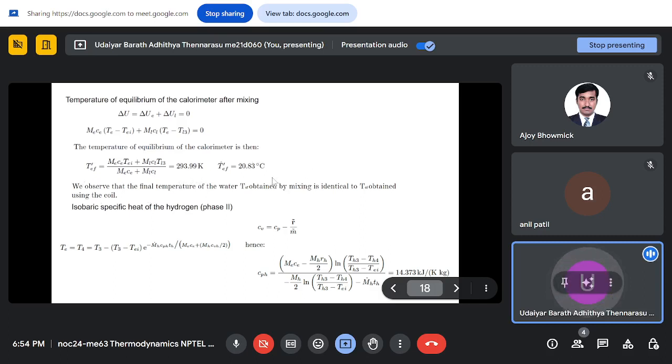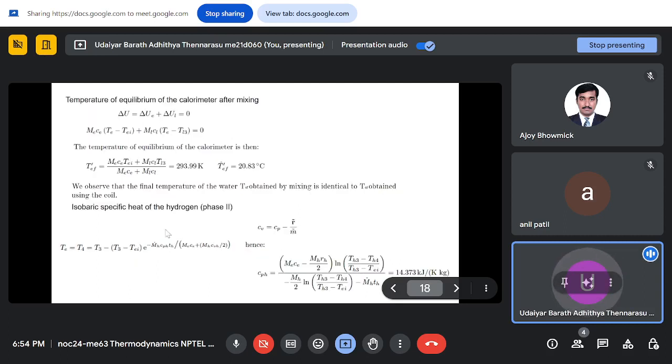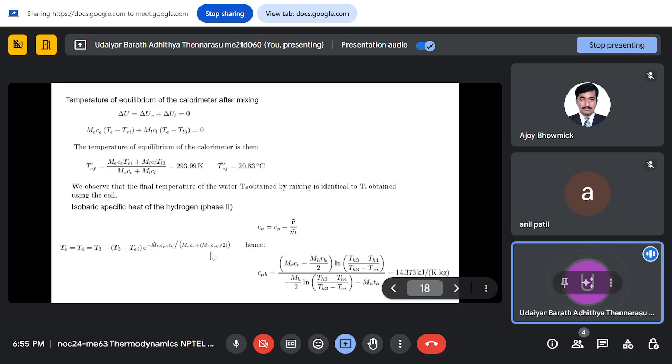The second one was to find the specific heat. Similarly, just like the previous one, your change in internal energy will be equal to the change in enthalpy. Instead of liquid enthalpies, you will have it for hydrogen. There the flow was liquid, so here it's hydrogen: mass of hydrogen times specific heat of hydrogen.